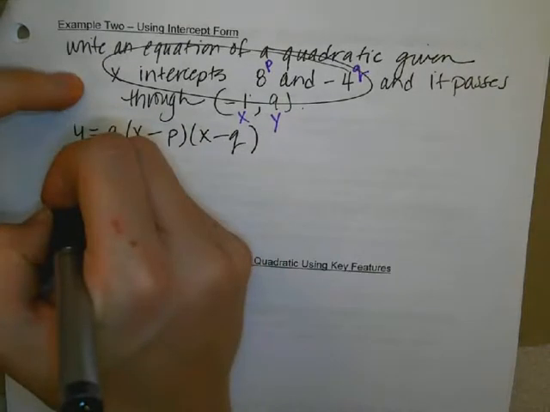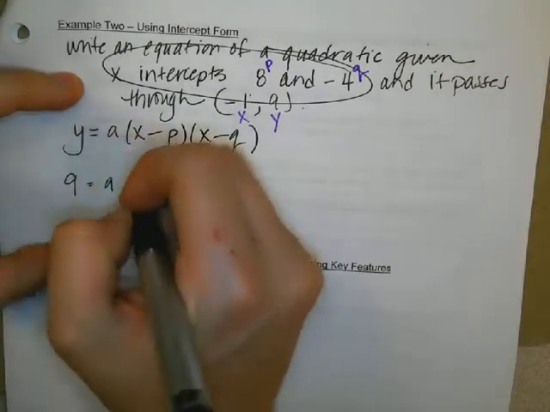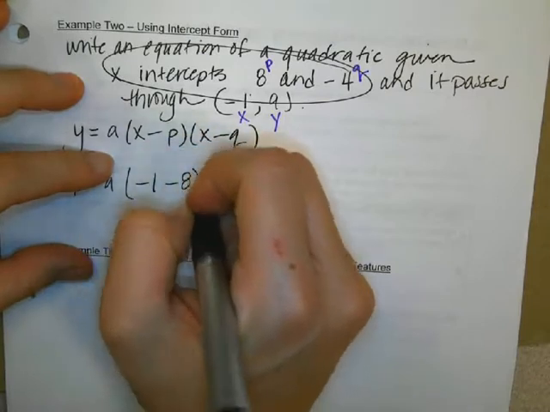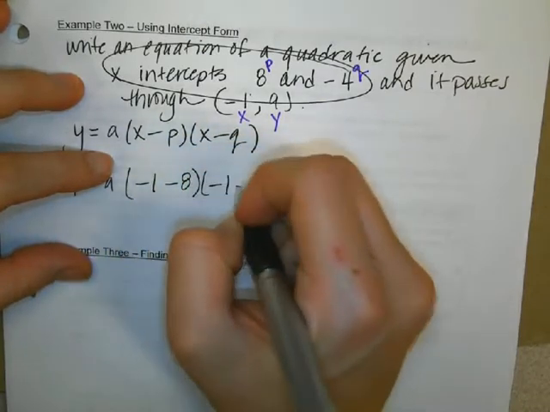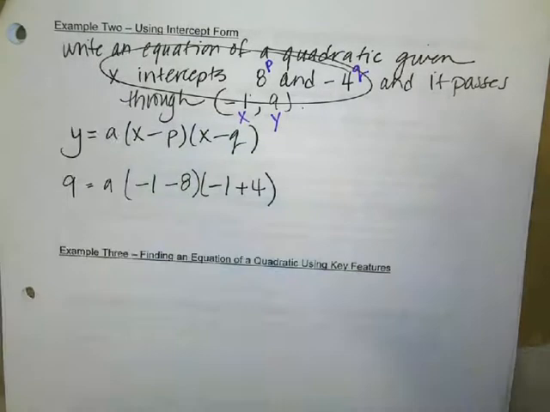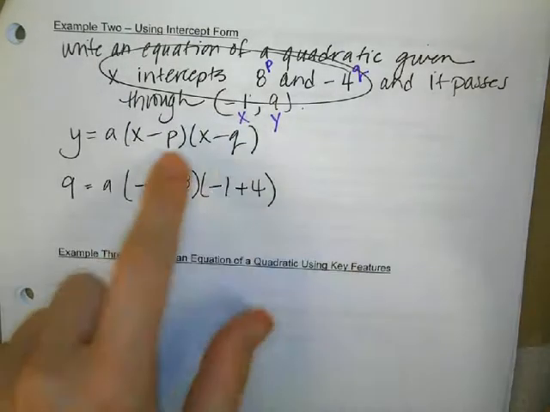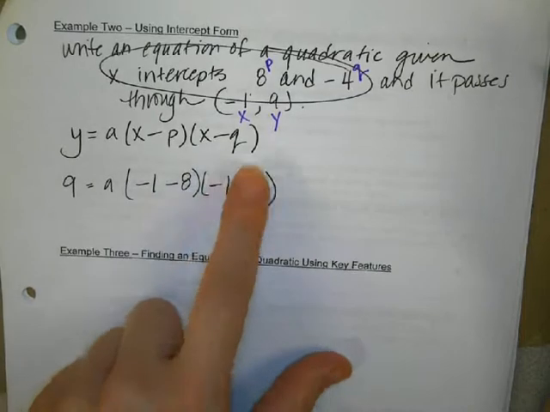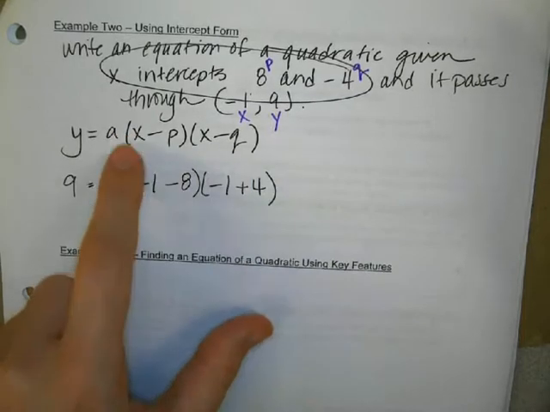So we have 9 equals a times (-1 minus 8) times (-1 plus 4). So you plug in 8 for p, -4 for q. That's why it changed to a positive, because you're subtracting a negative. And then -1 for both the x's.